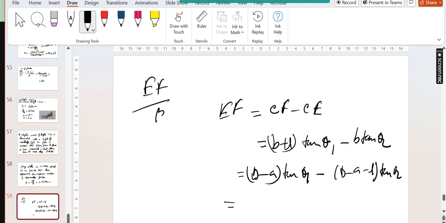So putting all these values, (D minus A) into d by 2A minus d by 2(A plus L).